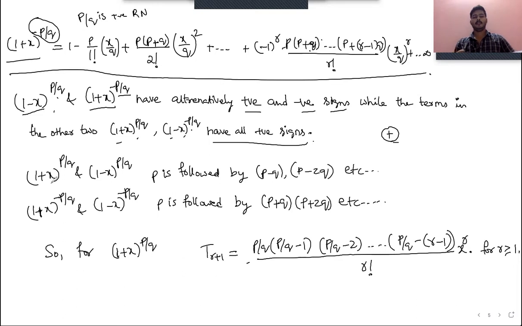And if you observe 1 plus x whole power p by q and 1 minus x whole power p by q, in the coefficients the numerators will be in the form of p minus q, p minus 2q and so on, right? But for 1 plus x whole power minus p by q, 1 minus x whole power minus p by q, the p will be followed by p plus q into p plus 2q and so on.